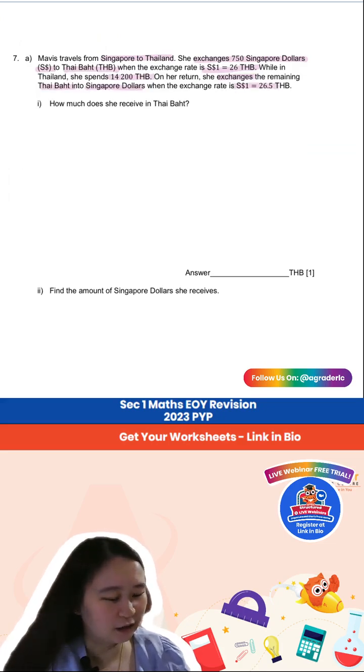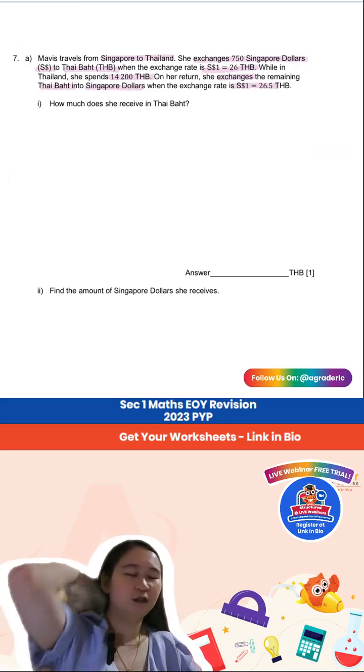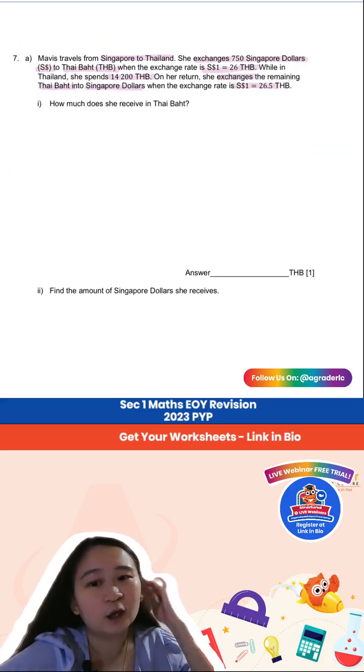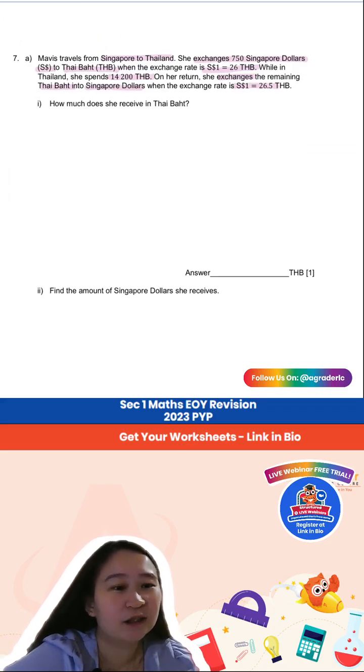Okay, so how much does she receive in Thai baht? She exchanged 750 Singapore dollars. Each Singapore dollar is 26 Thai baht. Has anyone tried the question?